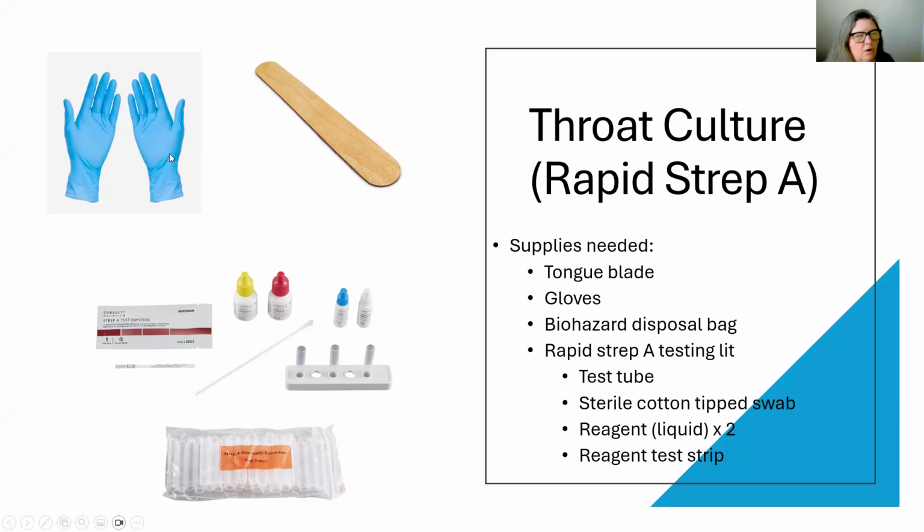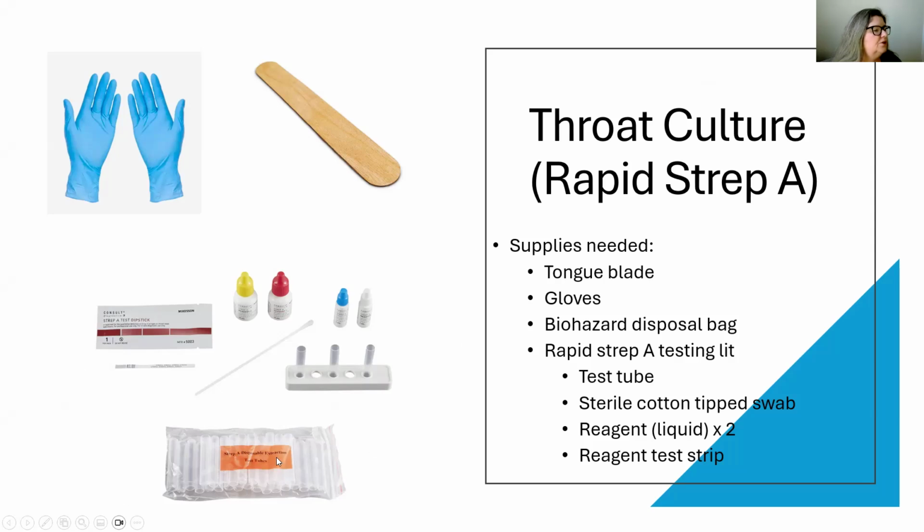Gloves. We always wear PPE, especially gloves when we're dealing with stuff like this with a patient. A biohazard disposal bag, which you should have in your office and or lab, or the room rather. And then a rapid strep A testing kit. And that's what this is right here.